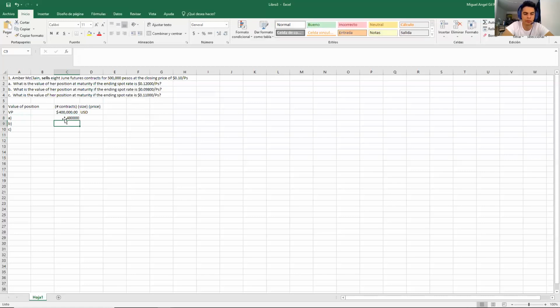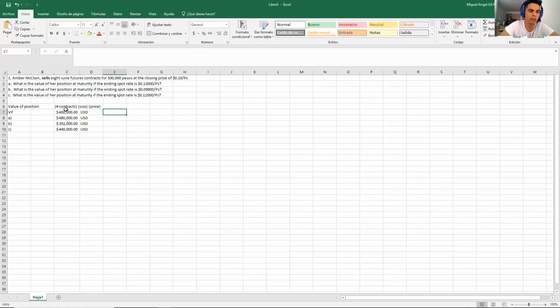Then the next one will be 8 times $500,000 times 0.098. And the last one will be 8 times $500,000 times 0.11. So these are the values of my position in A, B, and C.